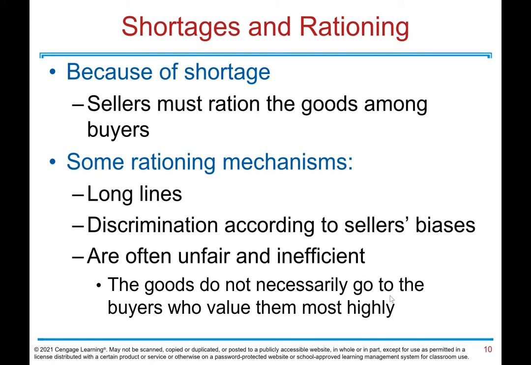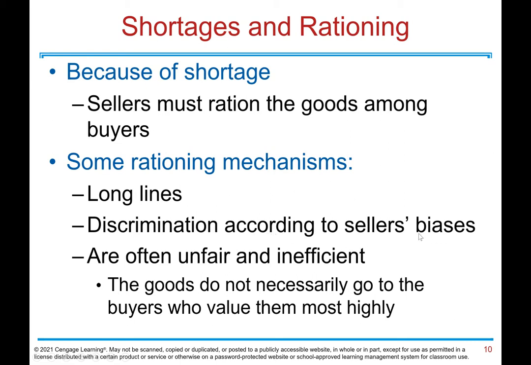Shortages and rationing. Because of shortages, sellers must ration the goods among buyers. Some rationing mechanisms include long lines or long waiting lists, and discrimination according to sellers' biases.